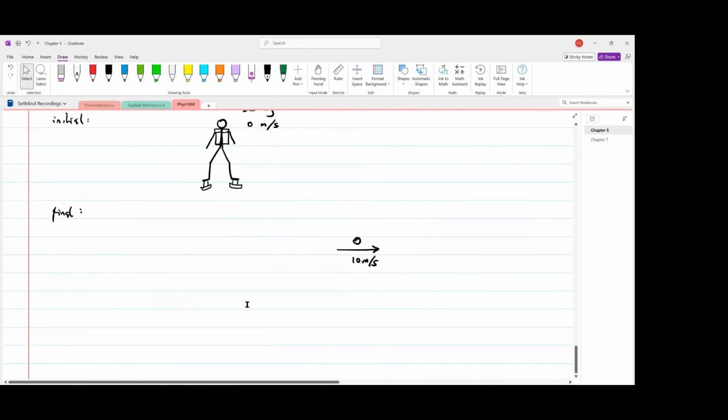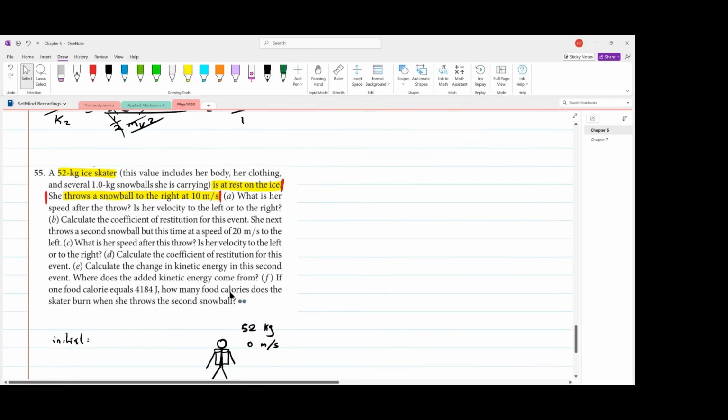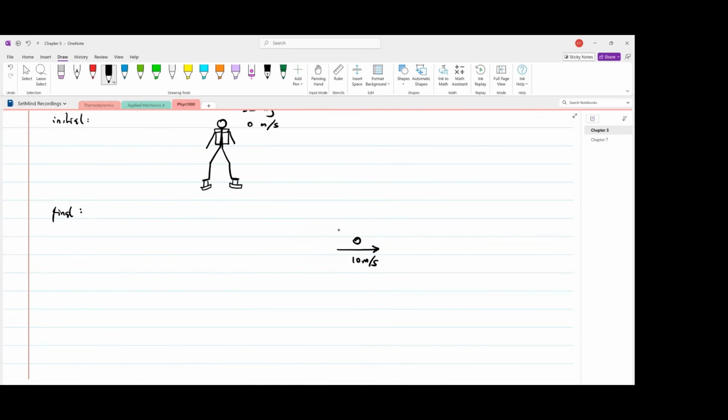And what are we told? We are told that the snowballs are 1 kilogram in mass, and she throws it. This is after throwing it.